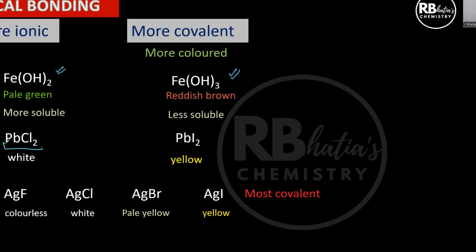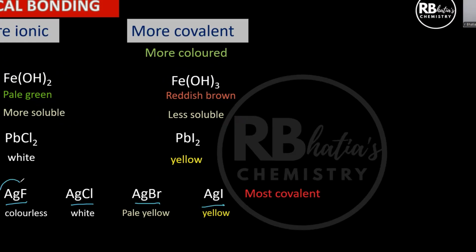Now, if I compare lead chloride and lead iodide, lead chloride is white, lead iodide is yellow. Lead is common. Out of chloride and iodide, iodide is larger in size, more covalent, so more colored, right? And then a very important observation and comparison is amongst the silver halides.